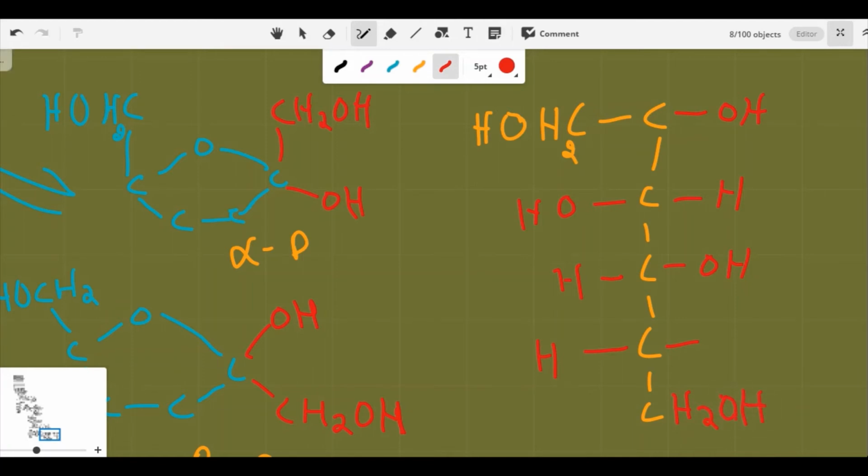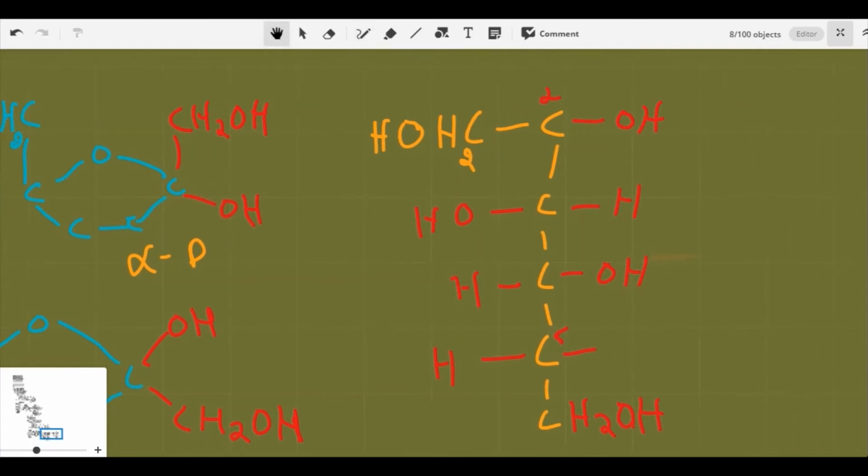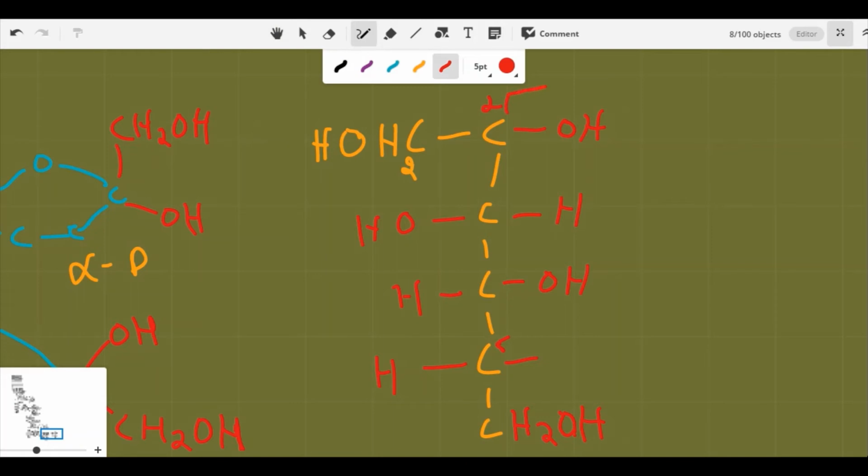So now what happened? The carbon 2 position and the carbon 5 are bonded with the oxygen. So that will make alpha D fructofuranose.